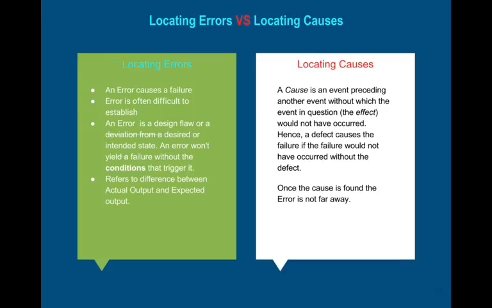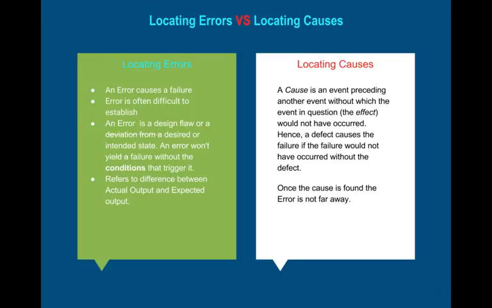Locating errors versus locating causes. Locating errors: an error causes a failure, and the error is often difficult to establish. So you cannot always recreate the same error all the time. Some errors are hard to actually establish again.